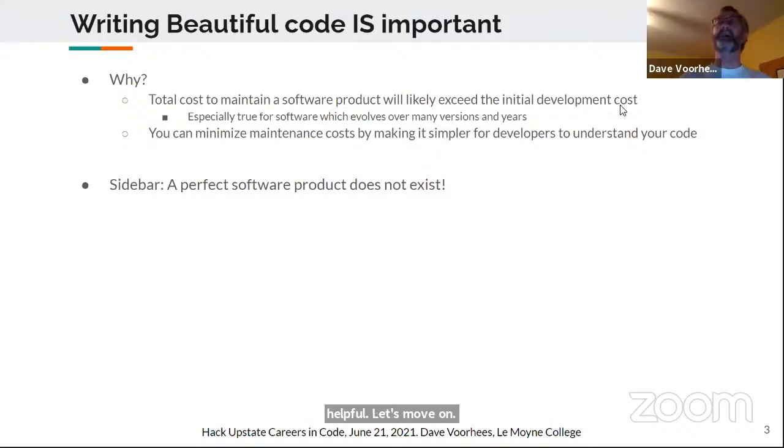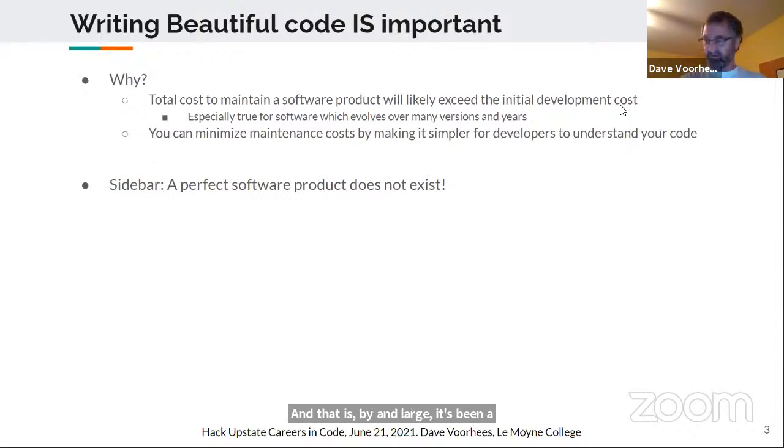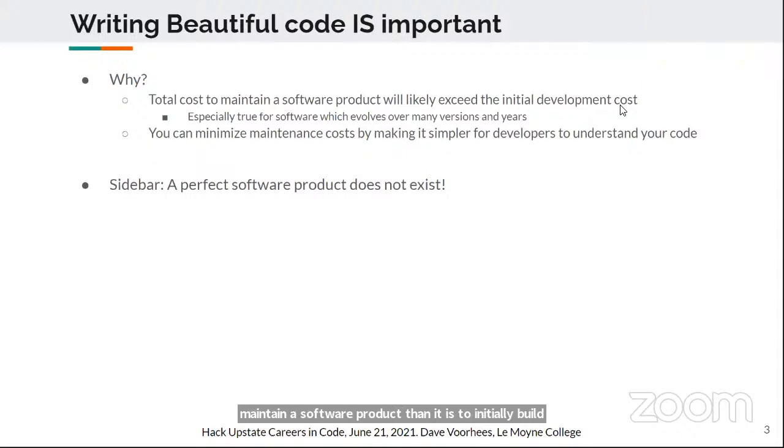So the answer I have here is really, I guess you would say, from a business perspective. And that is, by and large, it's going to cost more to maintain a software product than it is to initially build it or develop it.